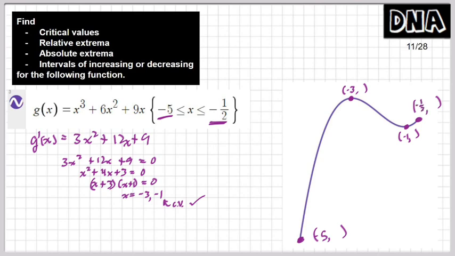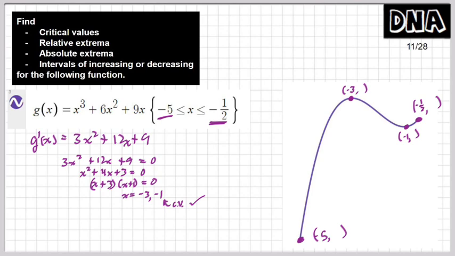Okay, so it says find the relative extrema. Now, relative extrema is the same as local extrema. So what we're going to do is plug in the negative 3 and the negative 1 to find the y value.